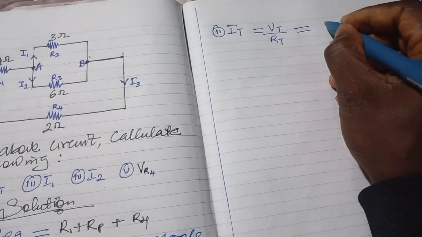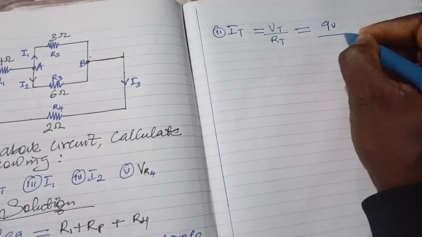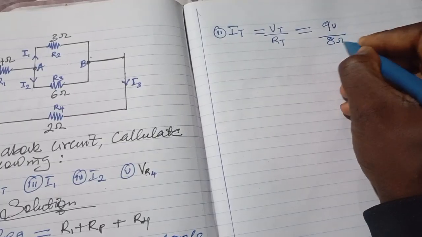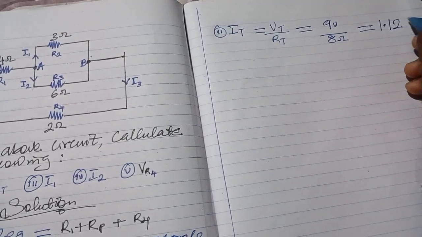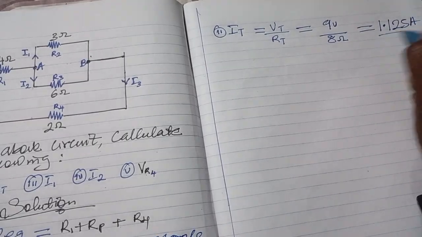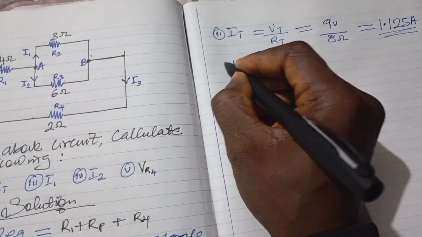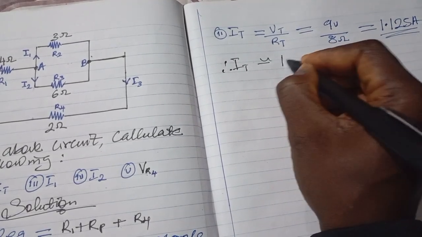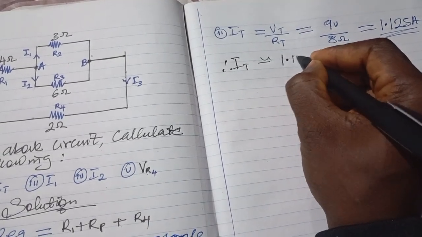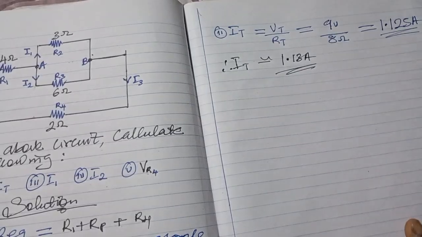So we have 9 volts divided by 8 ohms. This will give us 1.125 amperes. So you can say IT is approximately 1.13 amperes.